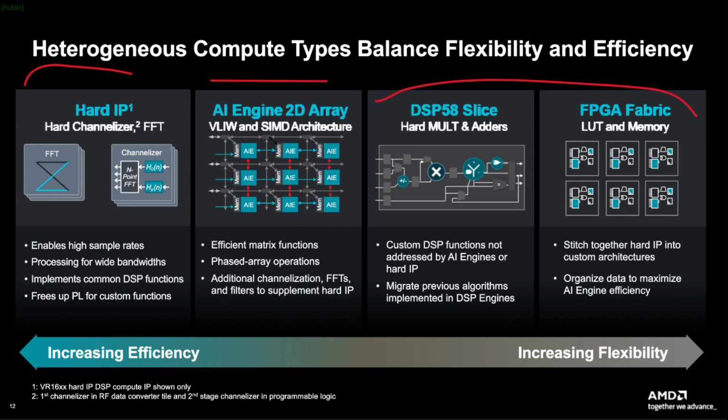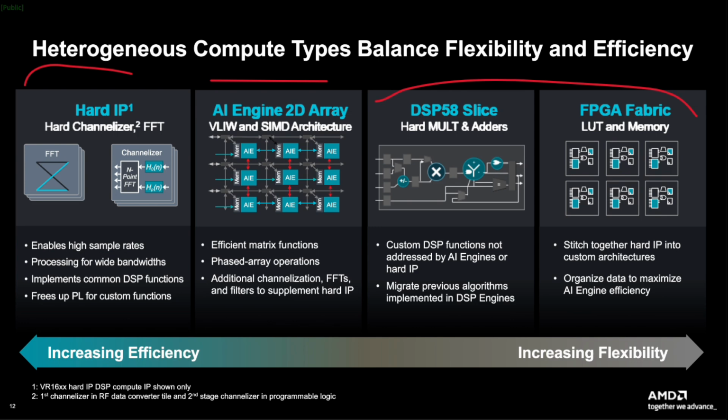Say, for example, changing mission profiles or different unique applications you have. So the Versal RF has a real balance between the type of compute that optimizes power efficiency and DSP compute in terms of TOPS, but maintains the flexibility so you can customize your solution.